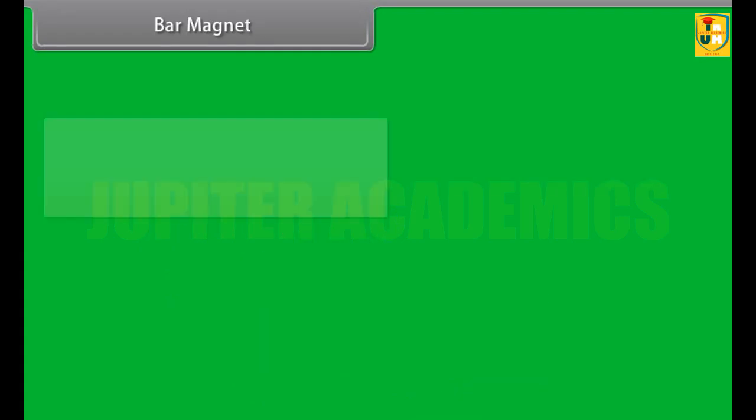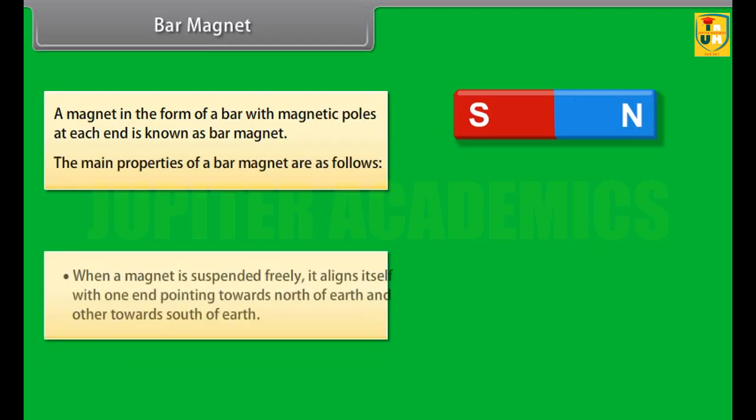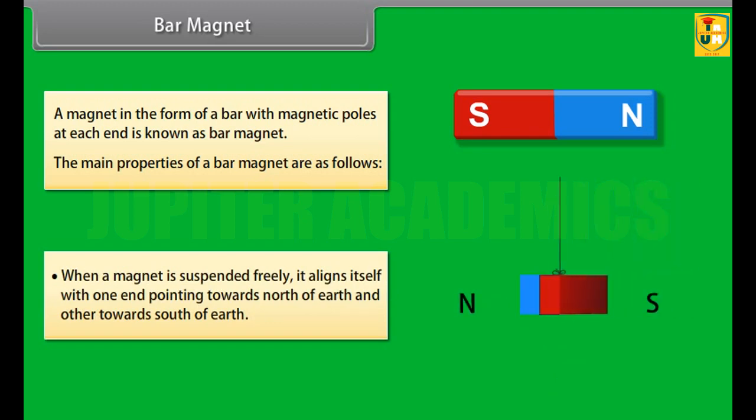Bar magnet. A magnet in the form of a bar with magnetic poles at each end is known as a bar magnet. The main properties of a bar magnet are as follows. When a magnet is suspended freely, it aligns itself with one end pointing towards north of Earth and other towards south of Earth.